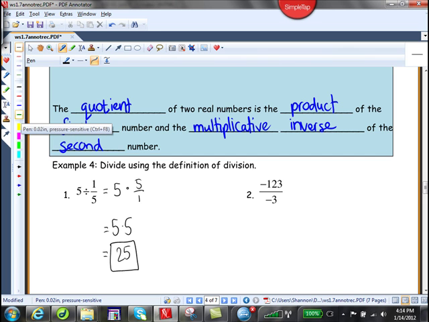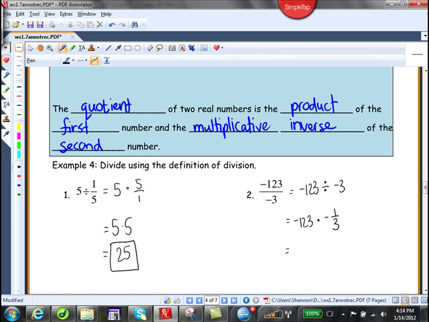Number 2, remember, a negative over a negative is going to end up being, well, we'll write it out like this. Negative 123, divided by negative 3. So that will be negative 123 times negative 1/3. A negative times a negative is a positive.